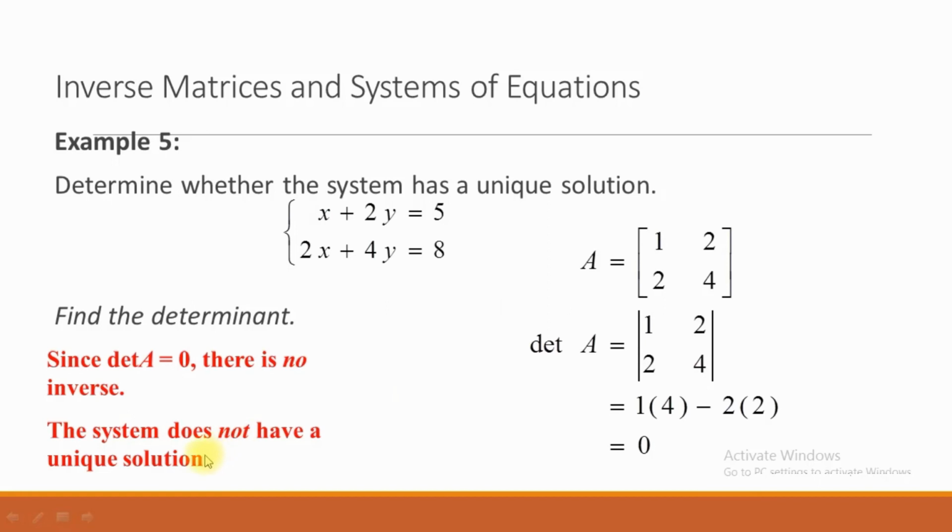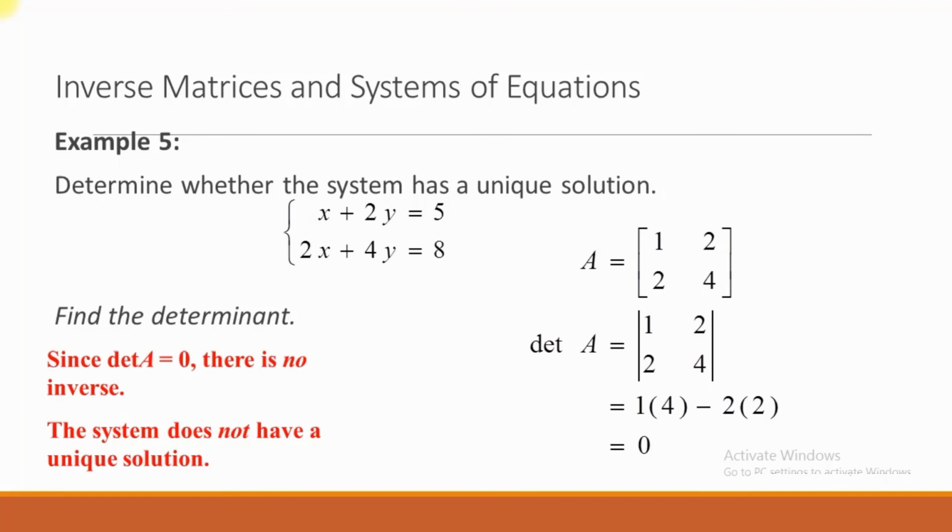Not having a unique solution means that maybe the system has no solution or has infinitely many solutions. In the previous lecture, we discussed that a non-homogeneous linear system has three cases for its solution.